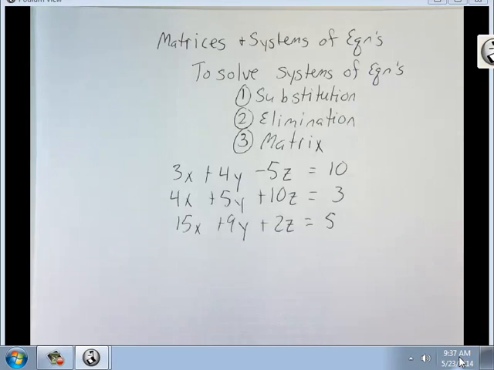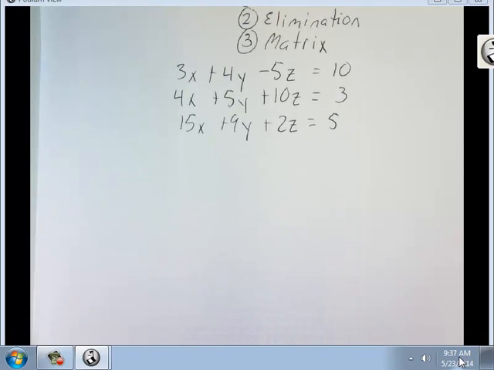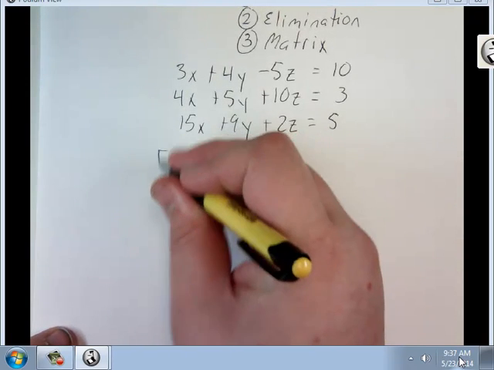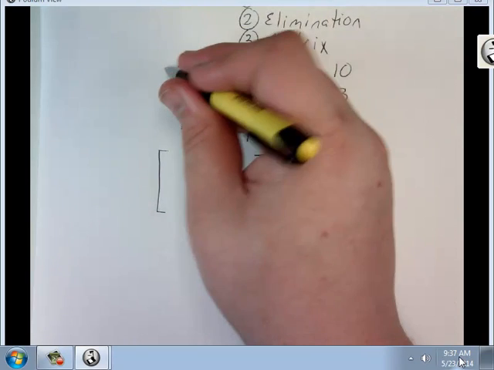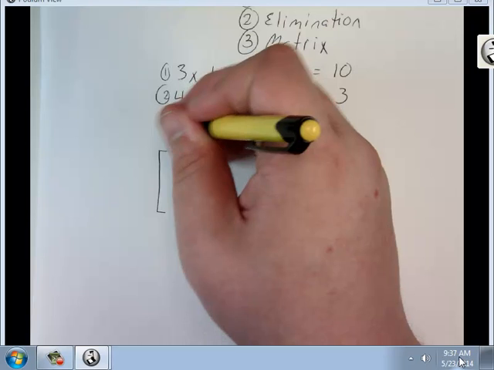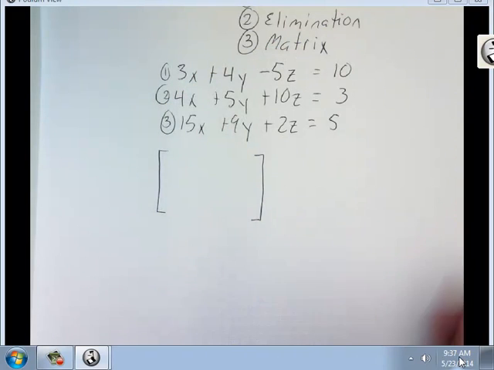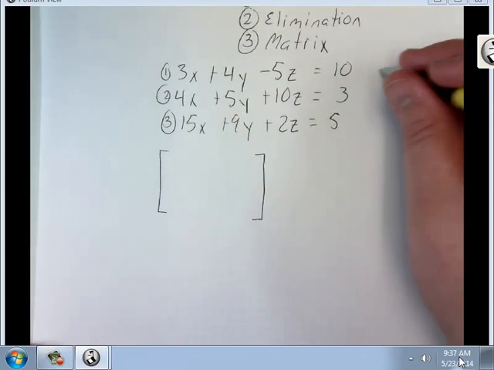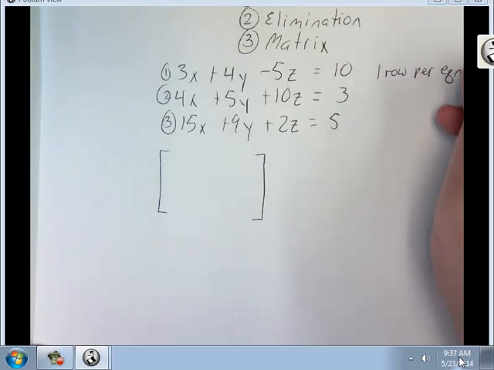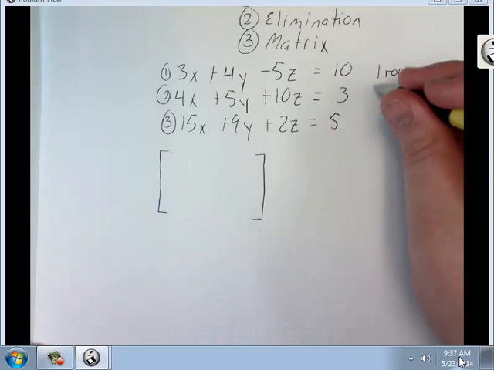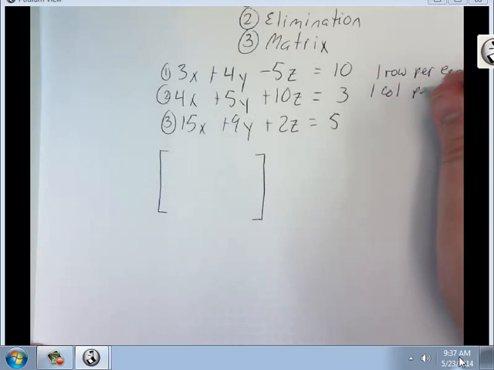Well, it's actually a lot easier than you might think. I have 1, 2, 3 equations, so I need one row per equation and one column per variable.